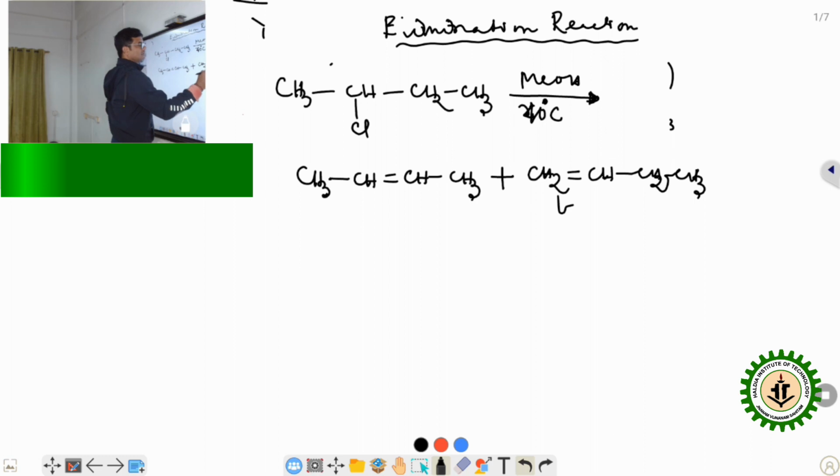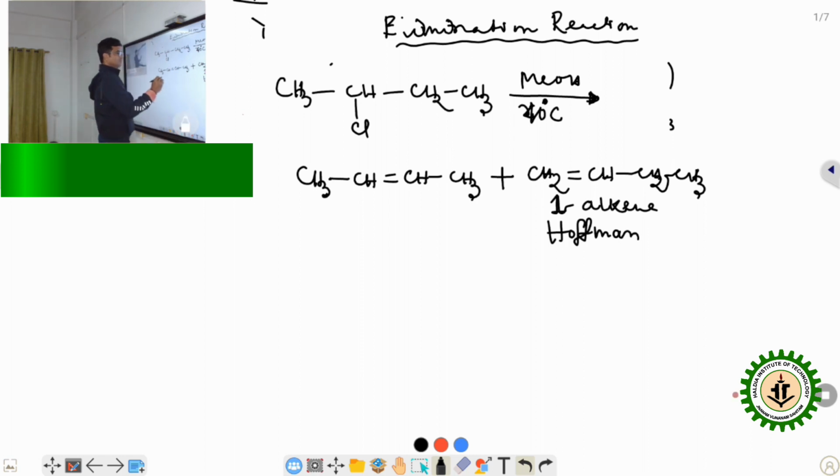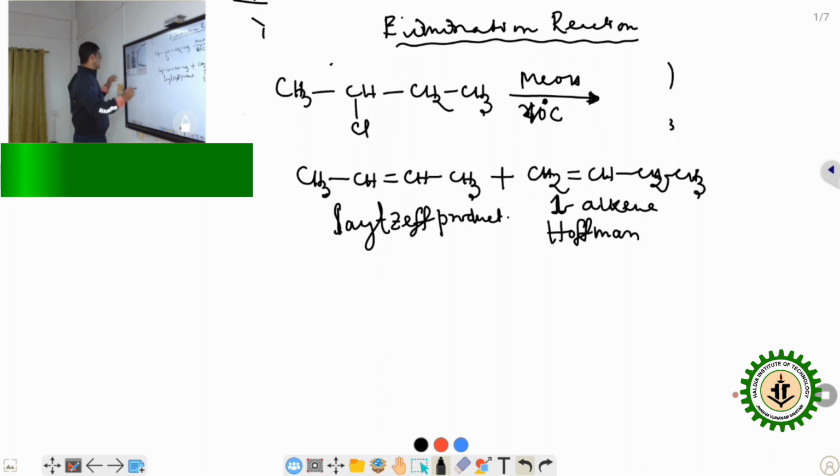So one alkene is called Hofmann product, and this is called Saytzeff product. Saytzeff product means the alkene stabilized, that is, the more substituted alkene is the major product.